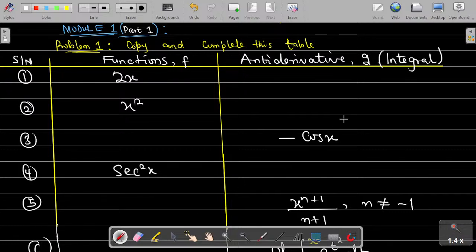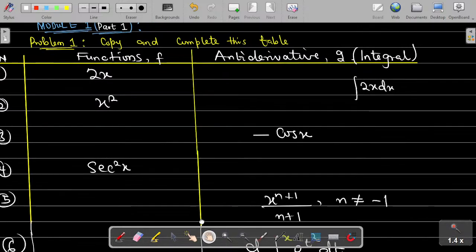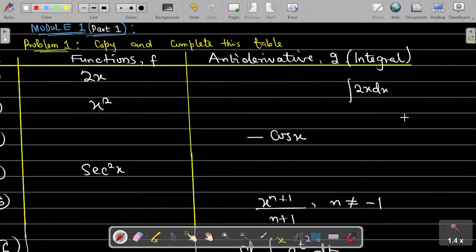Okay, so let's quickly look at it. So now we are looking for the integral of 2x. Of course it will be with respect to x, right? So what's the formula?